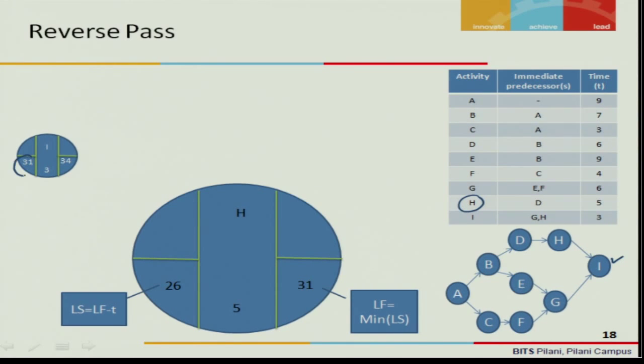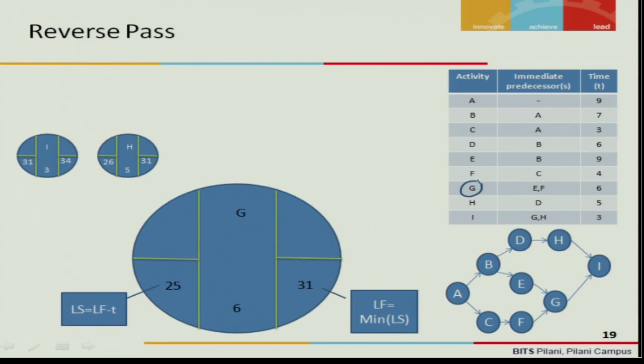It is nothing but this 31, the late start, right? The late start is on the left hand side. So this late start is 31, and that becomes the late finish of H. Similarly here, 31 less 5 is equal to 26. So this is computed.